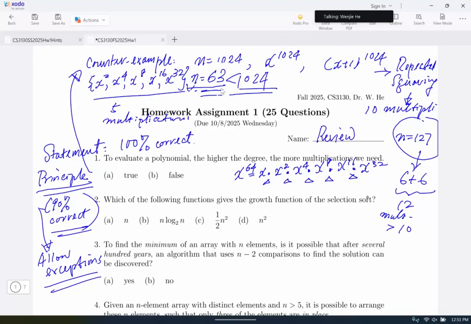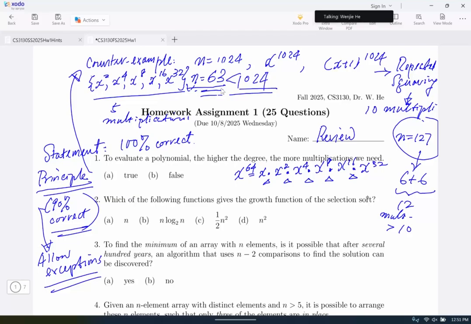A value for the predicate for which the value is false depends on the specific n values, n numbers. So you cannot say always. You can say most of the time. If you say most of the time, it's correct. No problem.